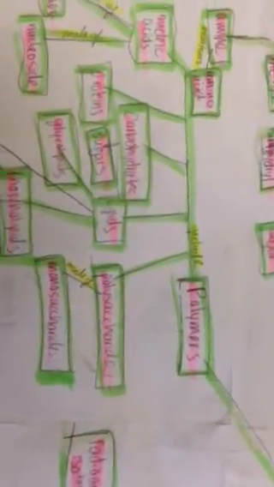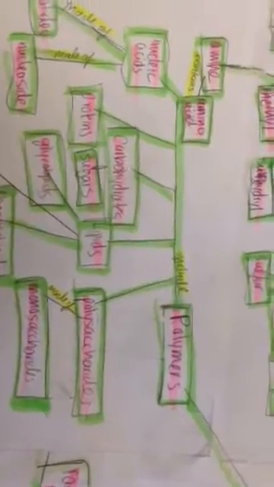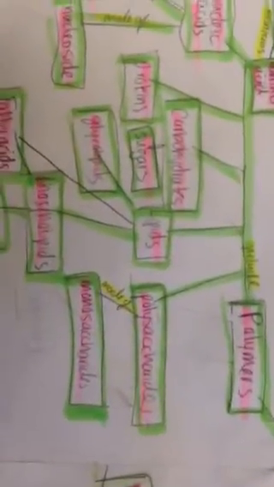Sugars can be monosaccharides or disaccharides or polysaccharides, so I have that over here. And then I have lipids, glycolipids, phospholipids, fatty acids, glycerol, and saturated fats. These two come off from fatty acids because those are the different types of fatty acids.